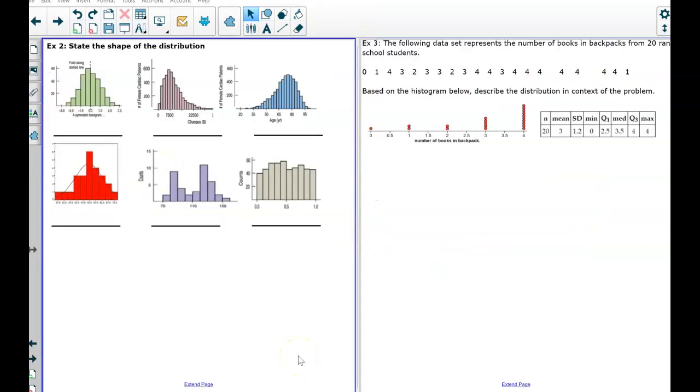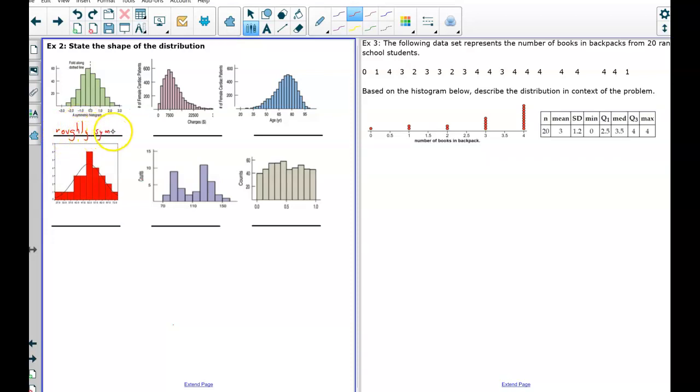Example 2, we're going to just go over the various descriptions of the shape of the distributions. So the first distribution looks somewhat symmetric. Very rarely are you going to have this ideal model where everything is going to be perfectly symmetric. So make sure to use either approximately or the word roughly.